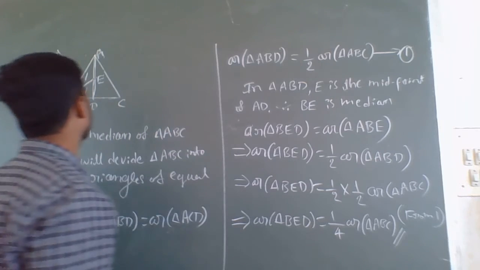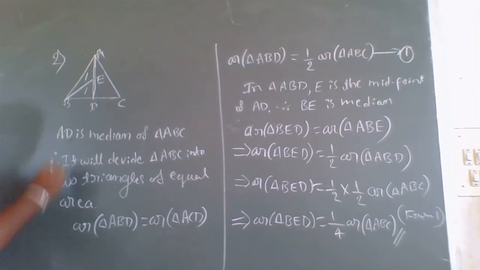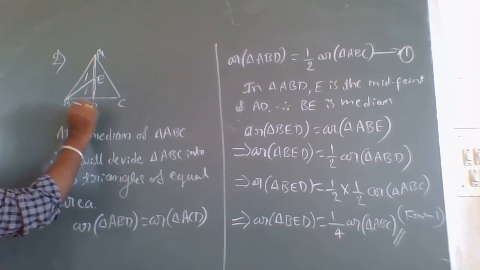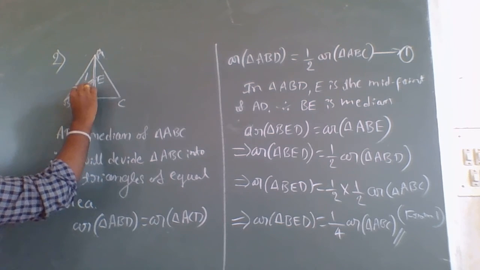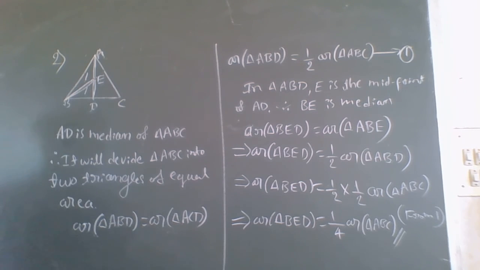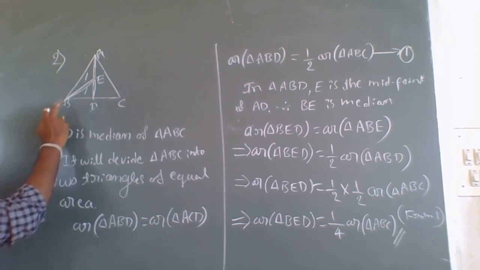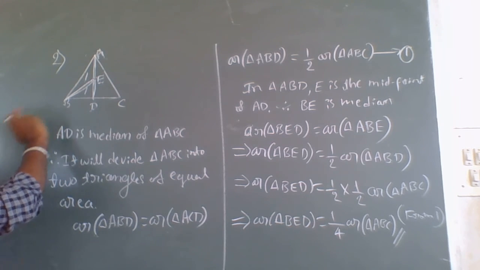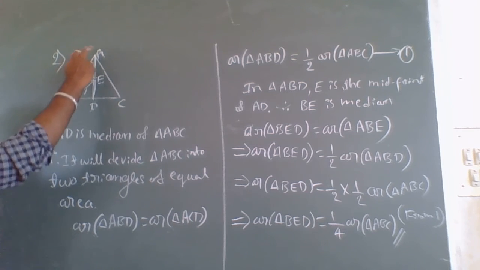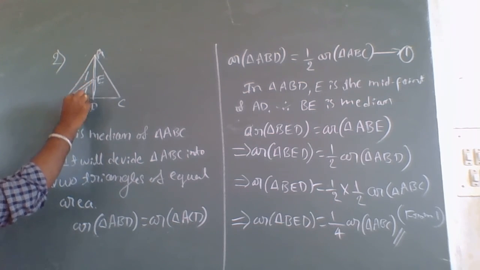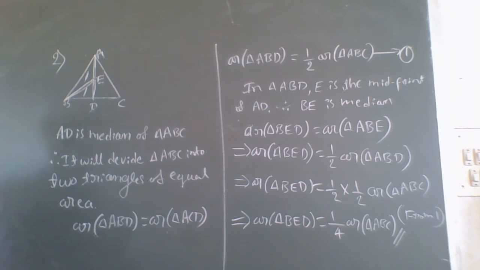Now, if E is the midpoint on AD, then BE is the median, and then area of BED equals area of ABE. These two triangles are equal in area.